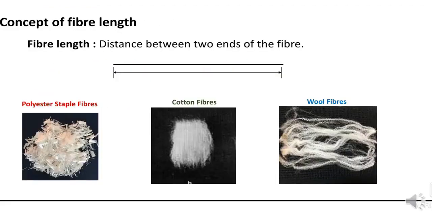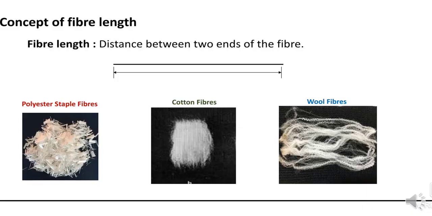Let us start. What exactly is the length of the fiber? Length of the fiber is a longitudinal dimension and it is the distance between two ends of the fiber. Very similar to a chalk. If I ask you to report about the dimensions of a given chalk, then you can have two dimensions for the chalk.